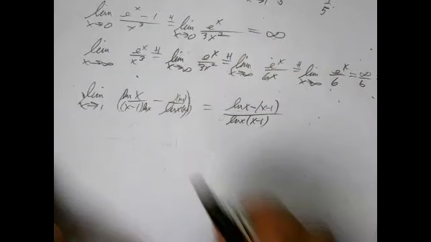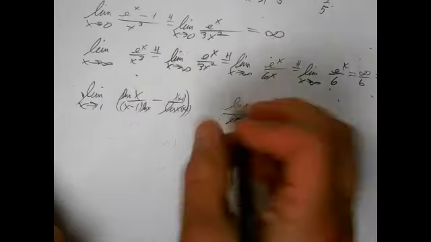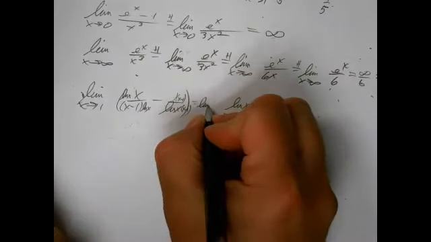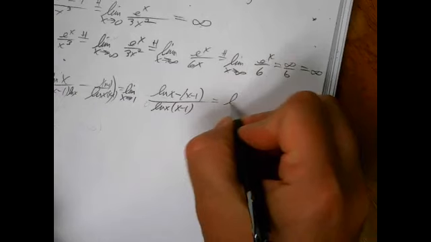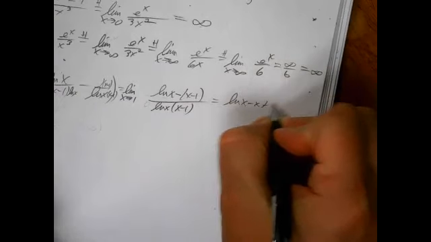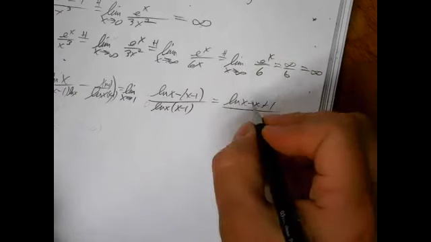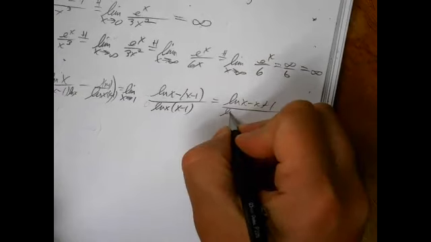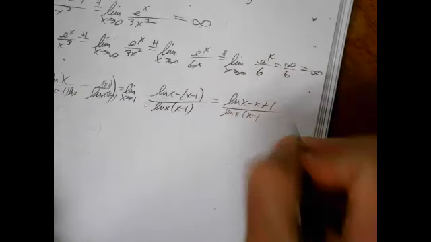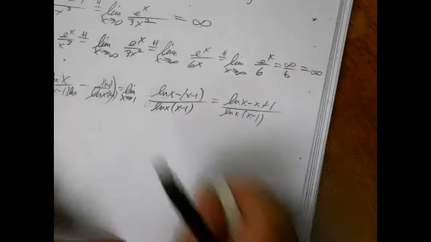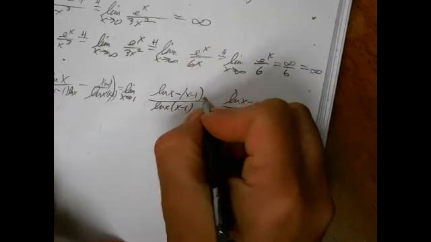And again, I forgot my limit notation. Cleaning up the numerator just a little bit, this is natural log of x minus an x plus a 1 over natural log of x times x minus 1. And one more time, I forget my limit notation.